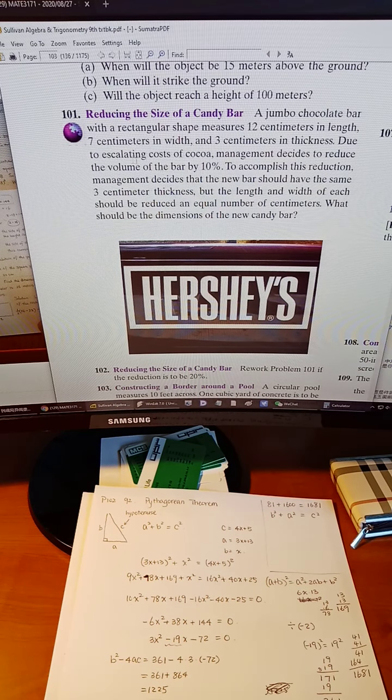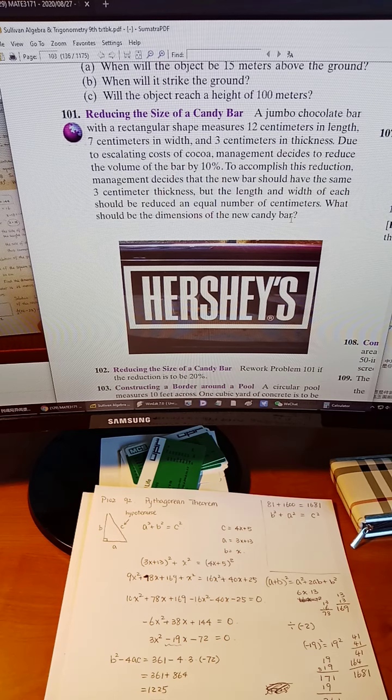Due to escalating costs of cocoa, management decides to reduce the volume of the bar by 10%. To accomplish this reduction, management decides that the new bar should have the same 3 centimeter thickness, but the length and the width should each be reduced by an equal number of centimeters. What should be the dimensions of the new candy bar?